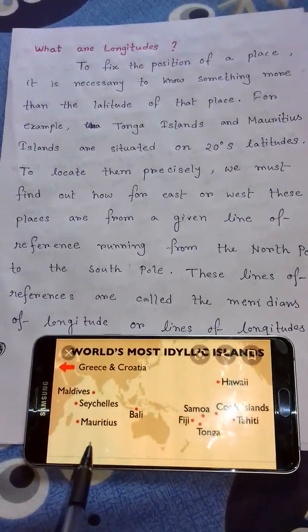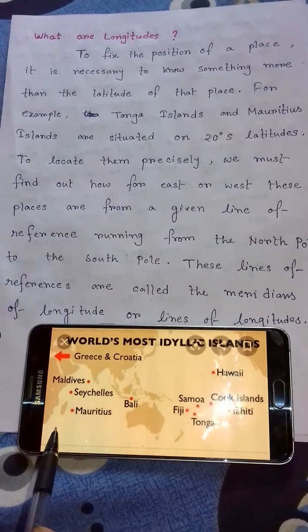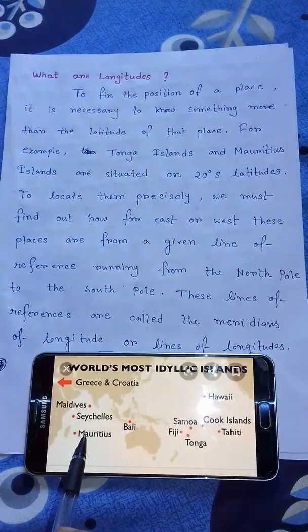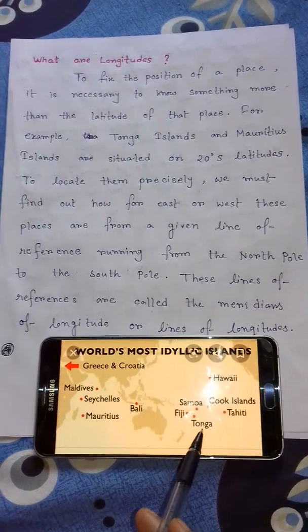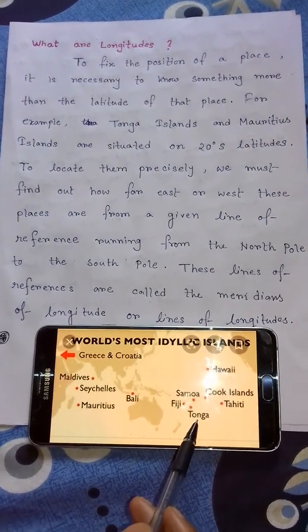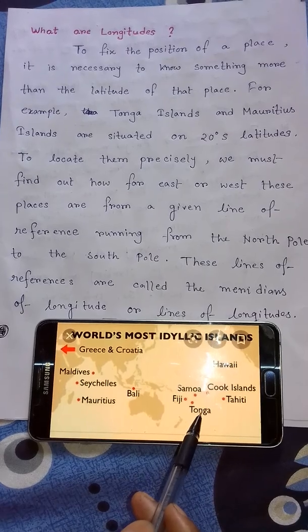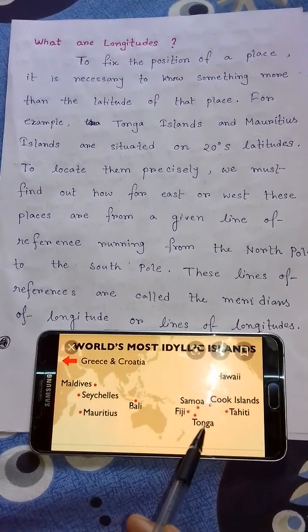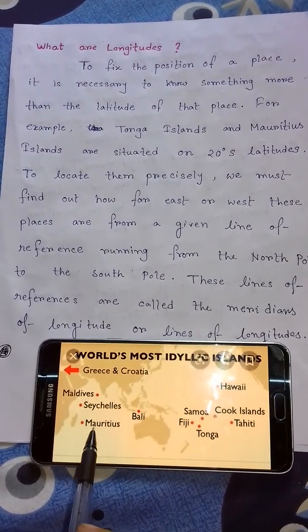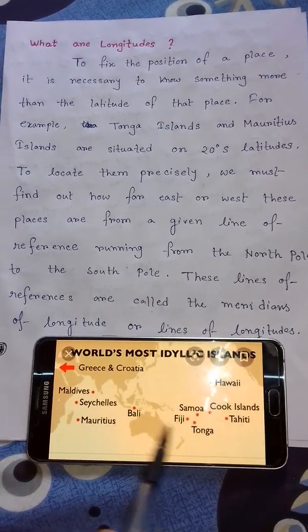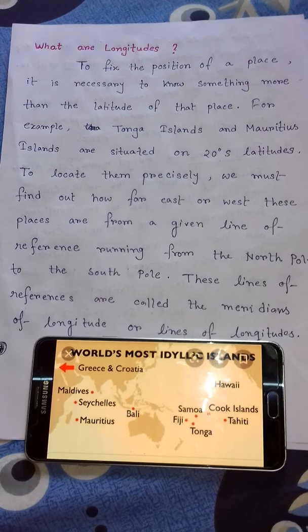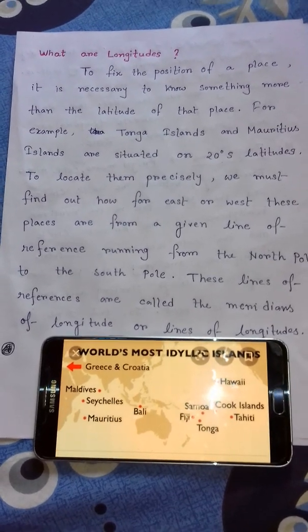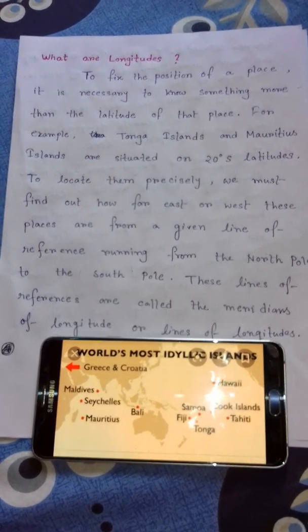But Mauritius is located in the Indian Ocean and Tonga Island is located in the Pacific Ocean. They both are in 20 degrees south latitude, but they are in different places.